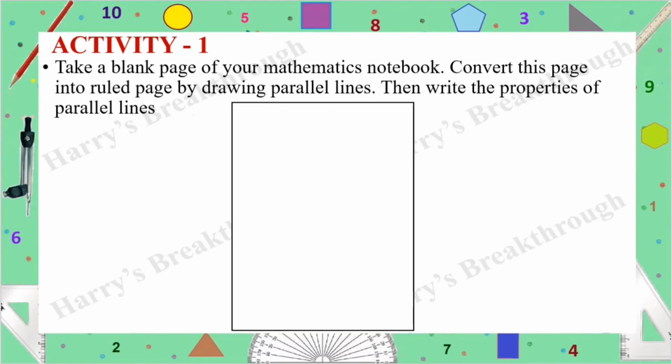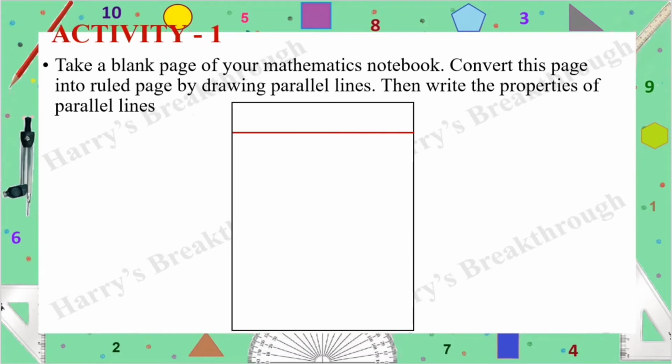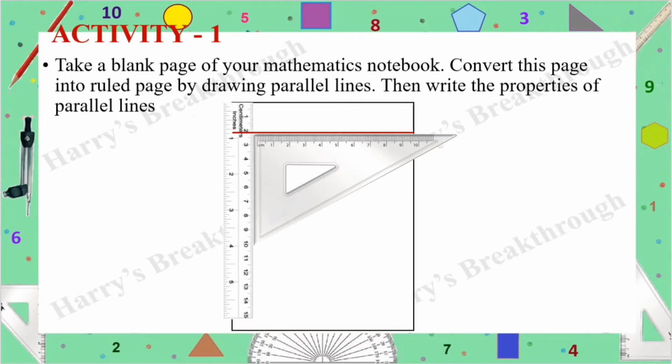So for that, first let's place our scale at the top. Then draw a margin. Then you have to draw another margin perpendicular to this margin. For that, place your set square here. Then place the scale.